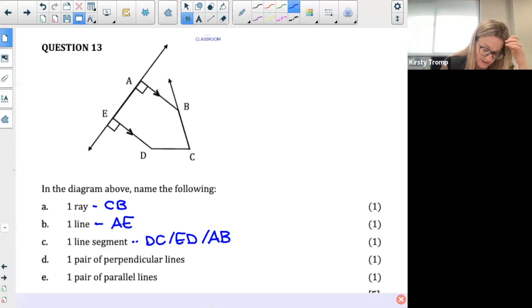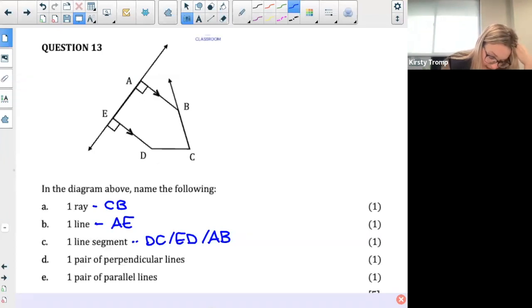All right. One pair of perpendicular lines. Oh, Blake is back. Hi, Blake. Blake, talk to me. A pair of perpendicular lines. What's a perpendicular line? Ma'am, I said ED. You said ED, good.